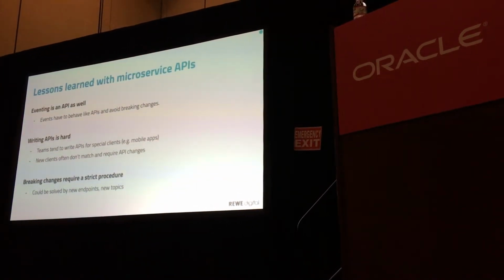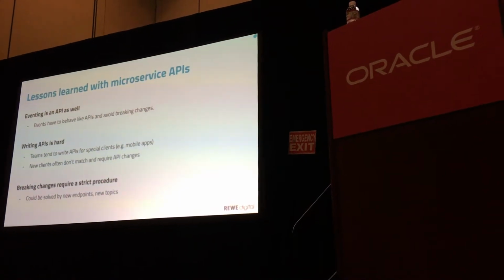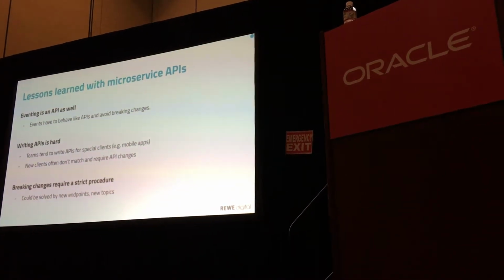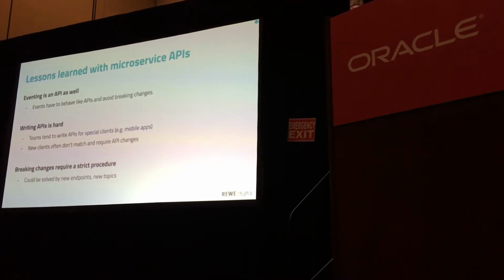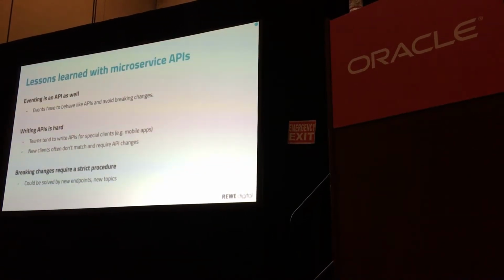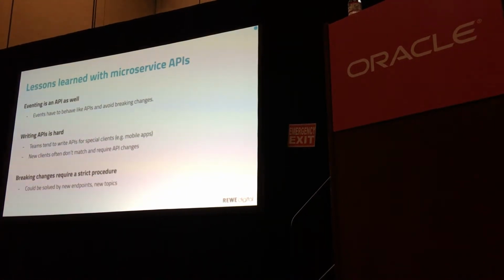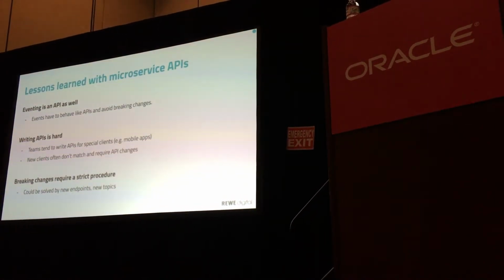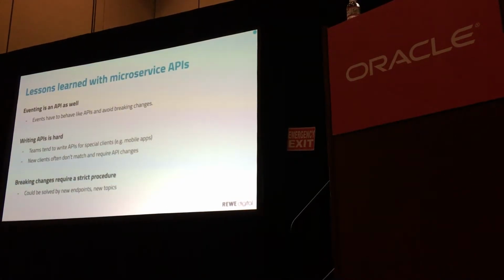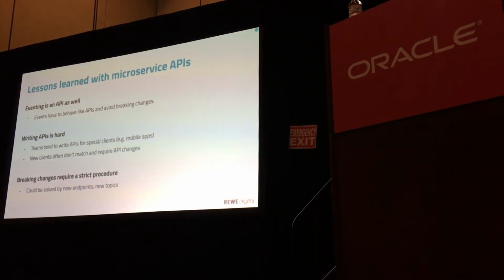So there are some lessons we learned with the API. One thing is that eventing is an API as well, just like the REST API, and they even look pretty much the same. Then we learned writing APIs is really hard. It should be easy, but teams tend to build APIs fitting a special client.